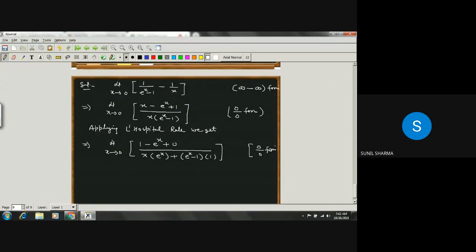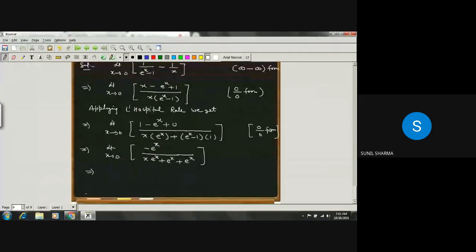Again applying the L'Hopital rule. So we get limit x goes to 0. Derivative of 1 is 0. Minus e की power x. We get minus e की power x upon x into e की power x. Again applying derivative of product of two functions: x into e की power x plus e की power x plus e की power x. Now we can simplify first.